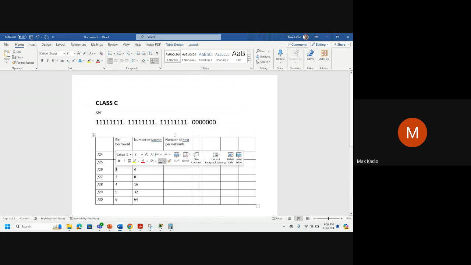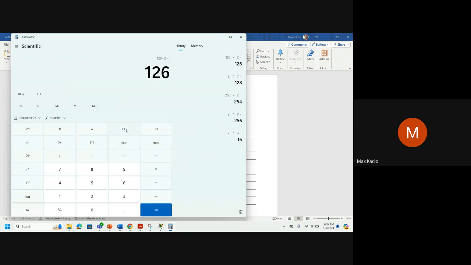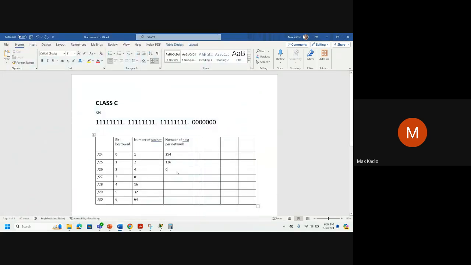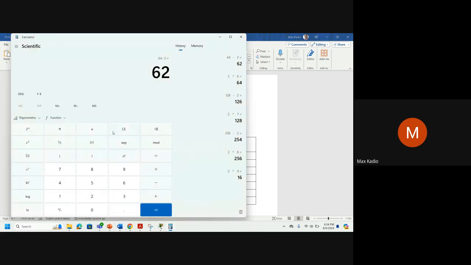If I borrow 2 bits, the remaining is 6, then 2 to the power of 6 minus 2 is 62. If I borrow 3 bits, the remaining is 5. 2 to the power of 5 minus 2 is 30.